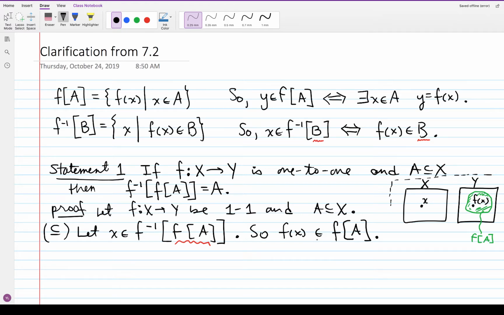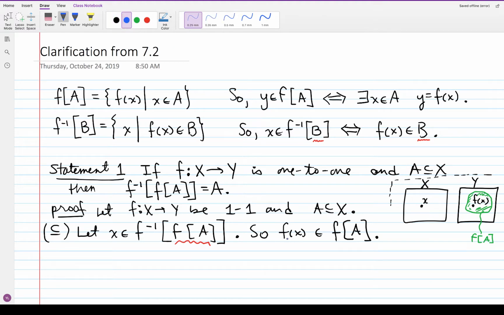We saw in the last part of the exercise that we did yesterday, we justified that there's no way I can just cancel f's here without invoking the fact that f is one-to-one in some way. Because in fact, it's not always the case that when f of x is in f of A, that x has to be in A. So anyway, let's carefully translate using this observation above what I've just discovered.